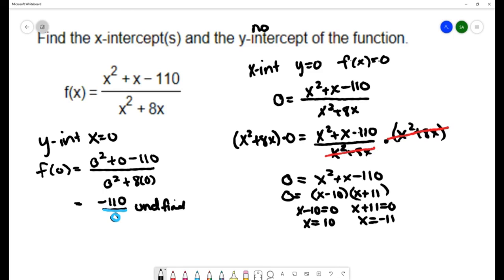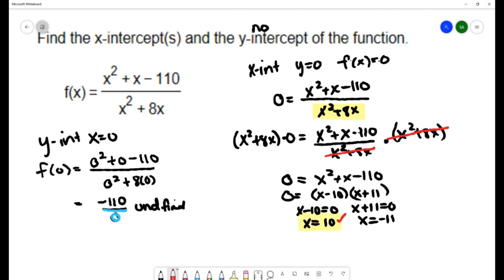One thing you should check with rational equations is to make sure that these are not restricted values. What I mean by that is if you were to plug in a 10 for x, would that cause the denominator to be 0? And the answer to that is no. So this is an x-intercept.